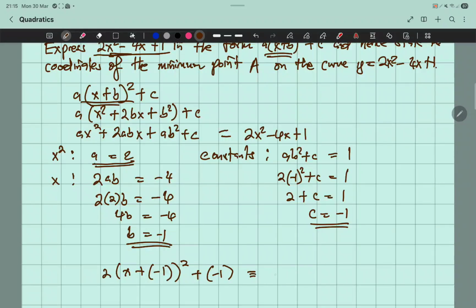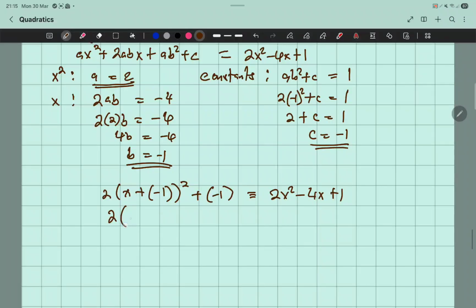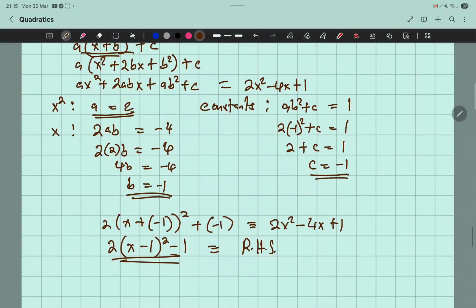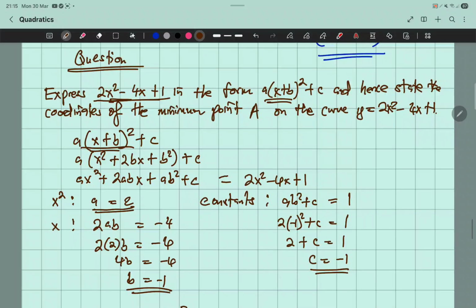And it is 2x squared minus 4x plus 1. So 2 bracket x minus 1 squared minus 1 is identical to what we have on the right hand side. So we have expressed it. Then the next part: and hence find the coordinates of the minimum point.